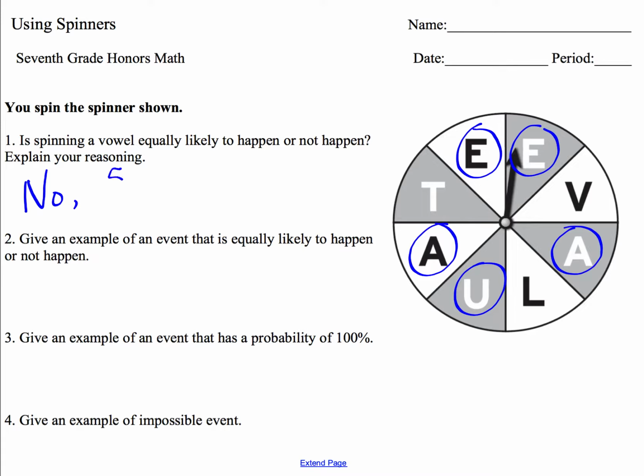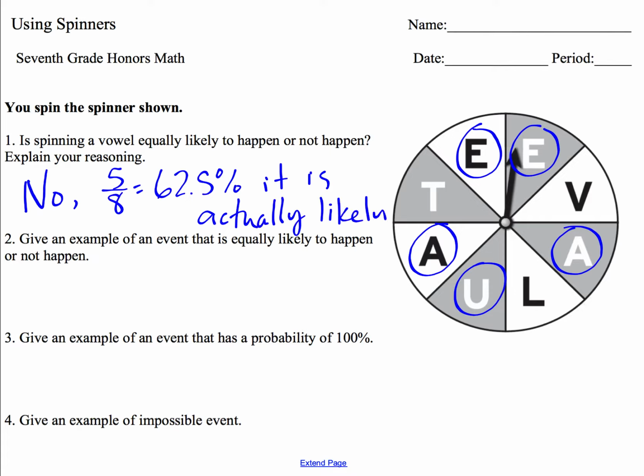Because 5 out of 8 is, what is that, 62.5%? It is actually likely, or more likely than unlikely. It is more likely to happen than to not happen. Not equally likely.